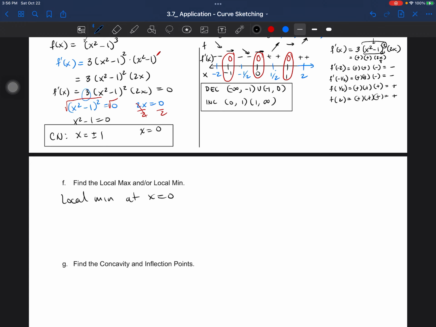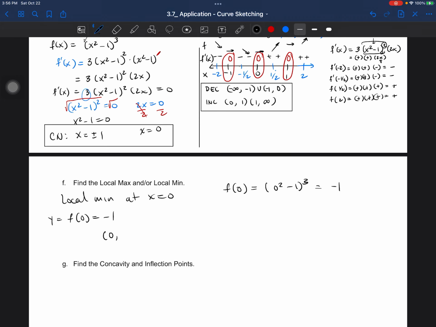You have a local min at x equals 0, but they are asking us to find the actual minimum, so we're going to find the y value. The y value is the actual minimum, so that will be the local minimum, which we find by plugging 0 into the original function.